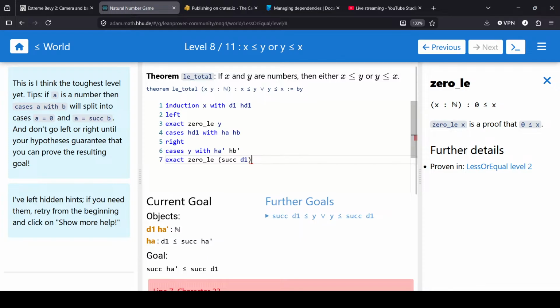I mean, sure, I can do that. But okay, D1 less than or equal to successor of HA prime.